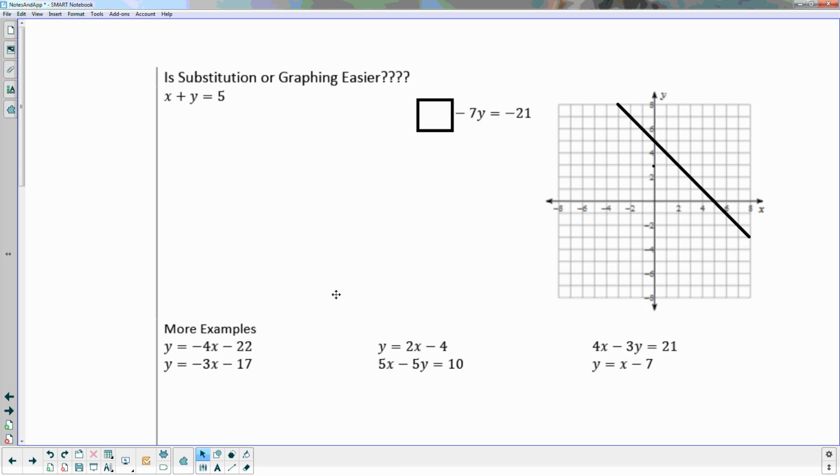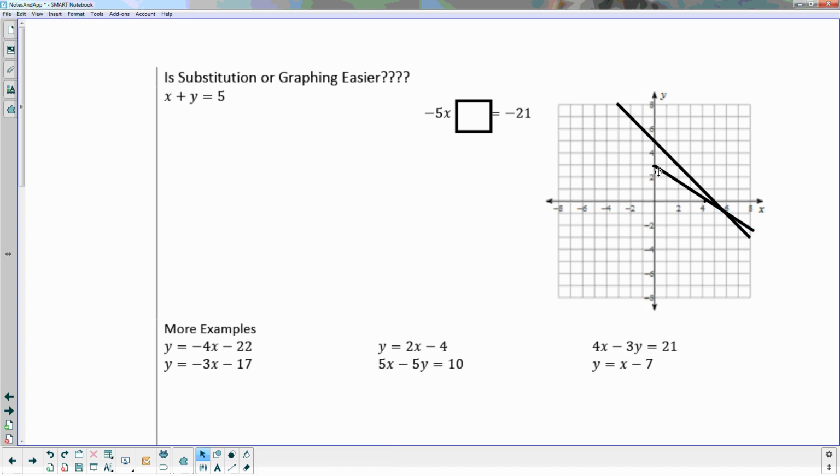And then if I cover up my x, this is where life gets a little bit difficult. And I solve that for x. I'm going to get positive 4.2. So positive 4.2, somewhere in there. And if I graph that line, I'm going to see that they intersect somewhere down there.